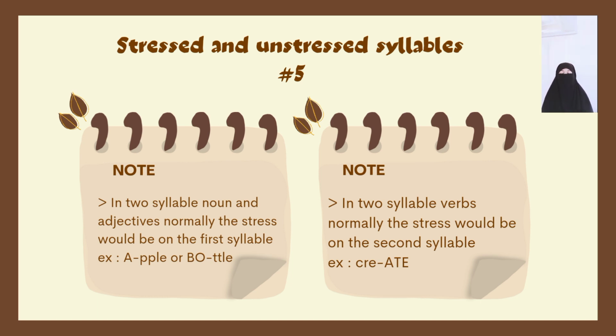Luckily, there are some patterns. In two-syllable nouns and adjectives, normally the stress will be on the first syllable, like apple or bottle. In two-syllable verbs, normally the stress will be on the second syllable, like create.